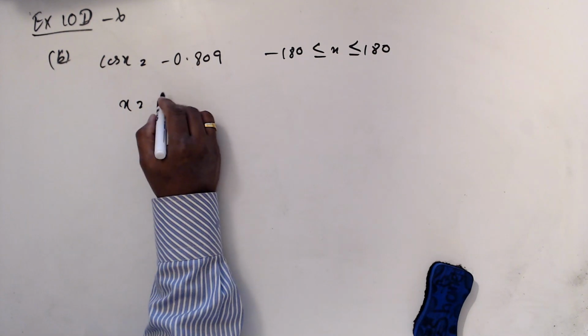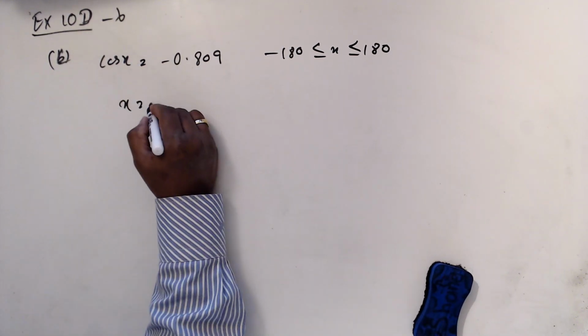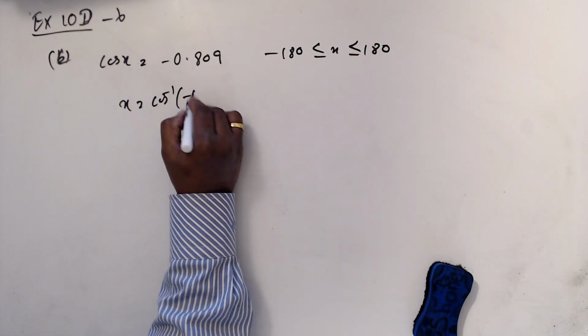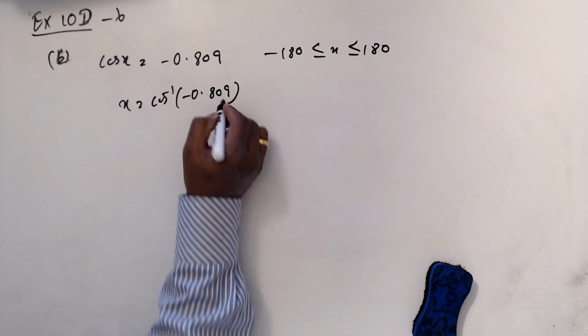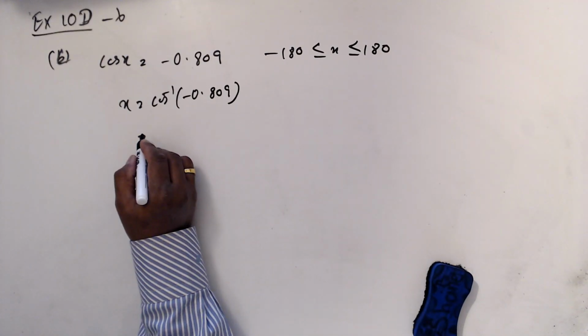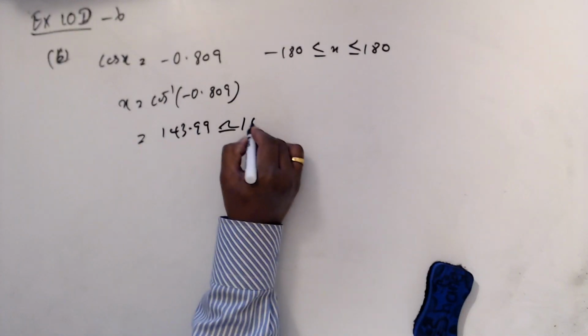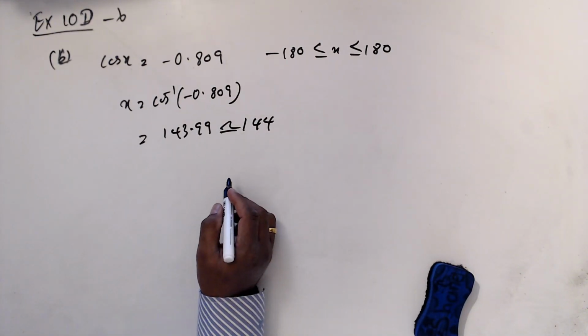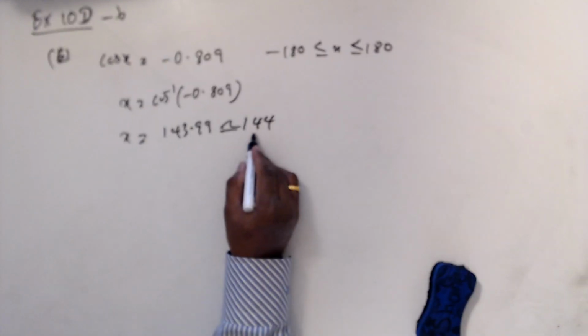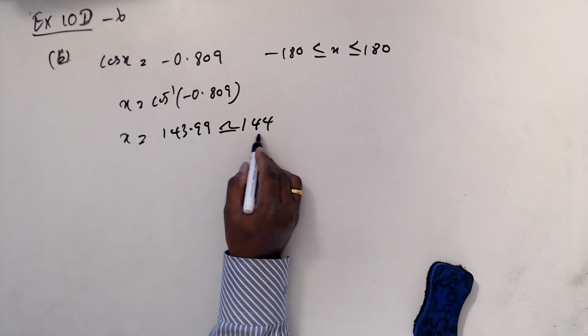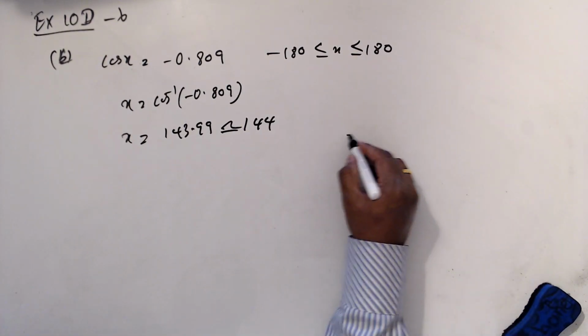x equals cos inverse of minus 0.809. It is 143.99. I'll approximately take 144. So x equals 144. This is not an acute angle, so we'll find the acute angle.